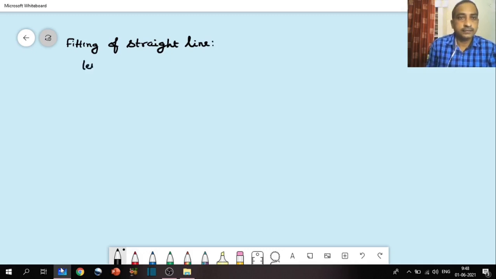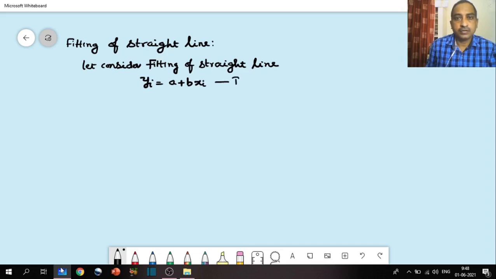So let's consider fitting of straight line y_i equals a plus b x_i to a set of n points (x_i, y_i), i equals 1 to n.